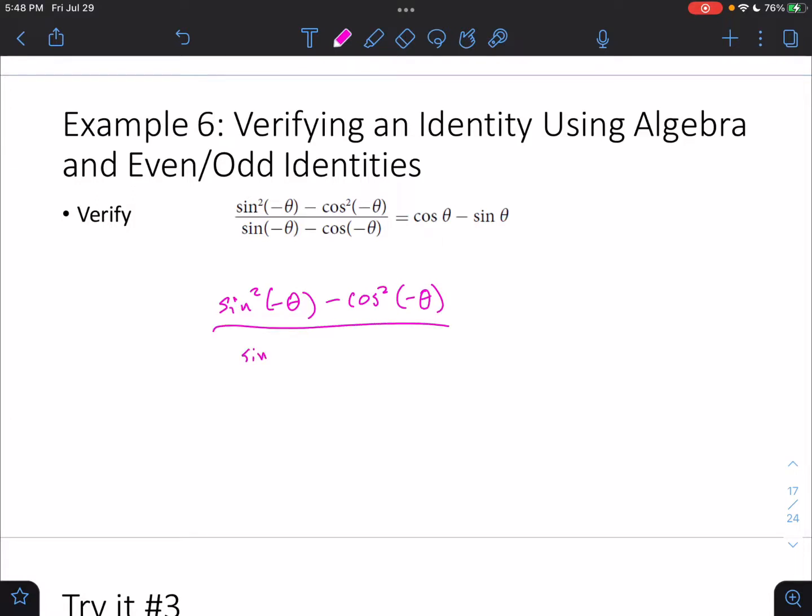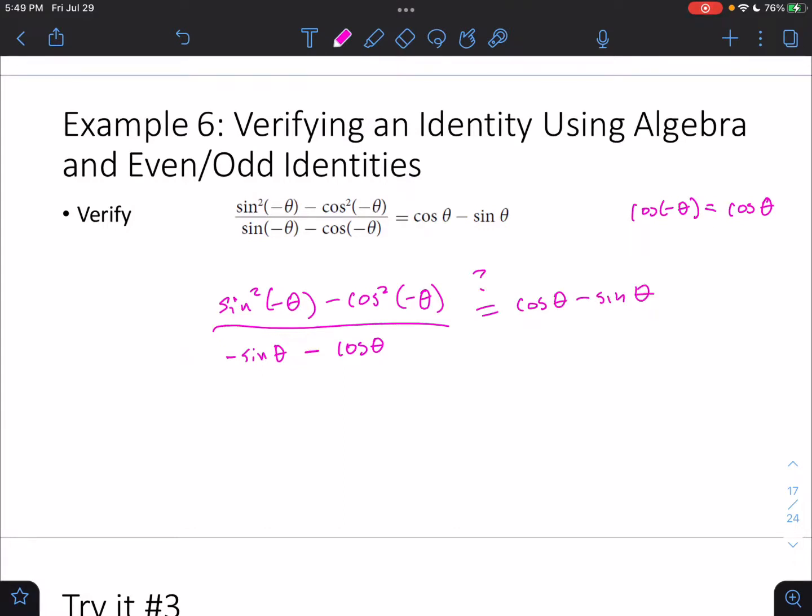sine negative theta. Sine of negative theta, remember that is negative sine of theta, again from my identities. Cosine is the even one, and that one says that's the same as positive cosine of theta. So I'm just going to rewrite that here, cosine of theta. Does this equal cosine theta minus sine theta?